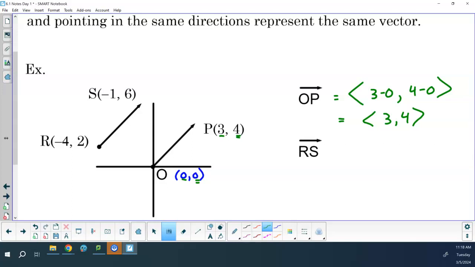Now, if I do that same thing for RS, so R is the tail, S is the head, I would go -1 minus -4. And then I'd go 6 minus 2. -1 minus -4 is 3. 6 minus 2 is 4.